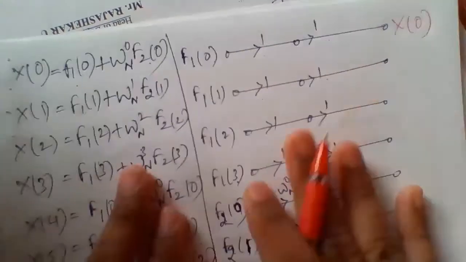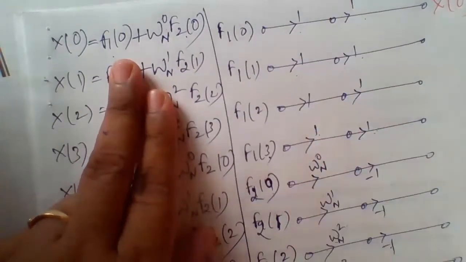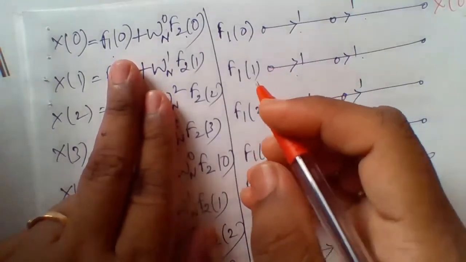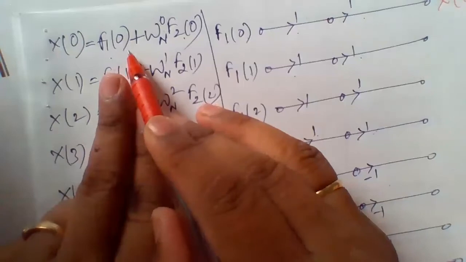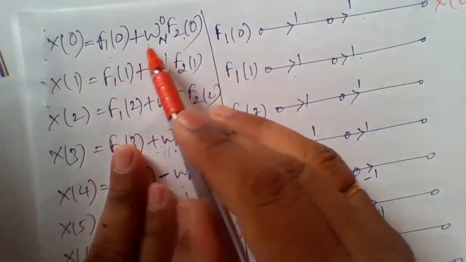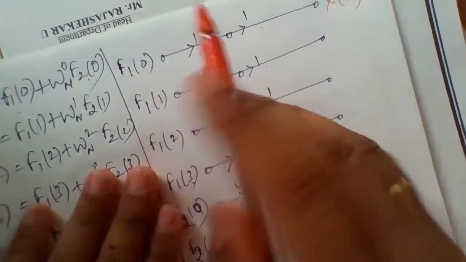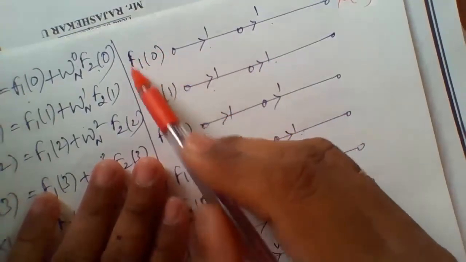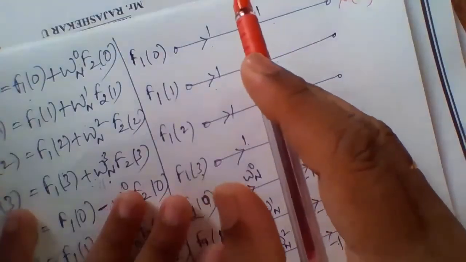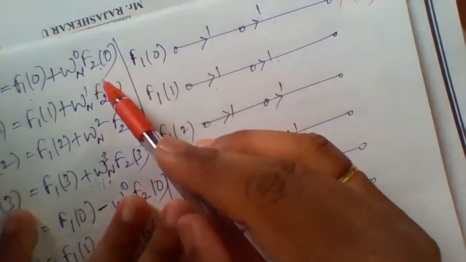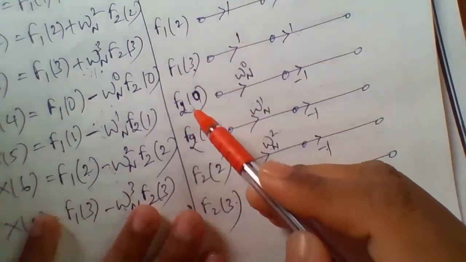According to the equation, x of 0 is f1 of 0 plus w raised to 0 times f2 of 0. On the signal flow graph, f1 of 0 is here, and it should be added with f2 of 0. So here I have f2 of 0.